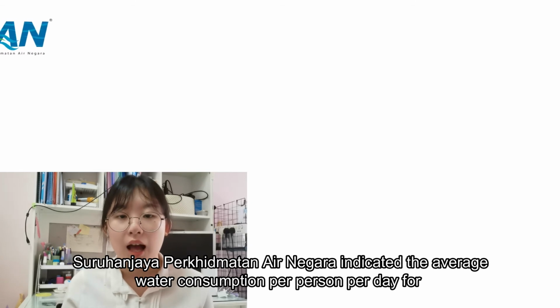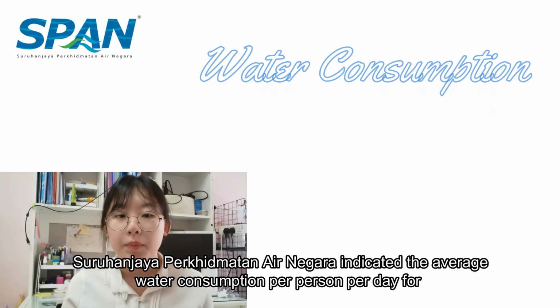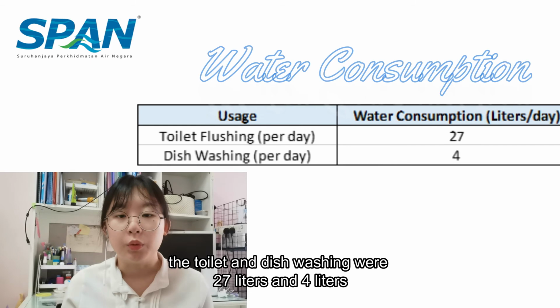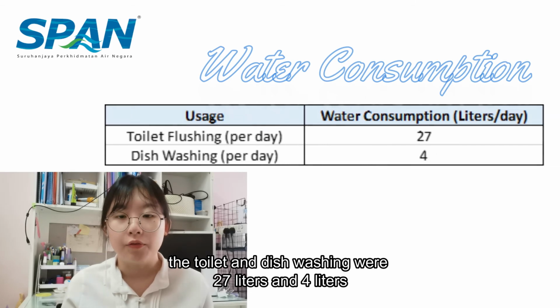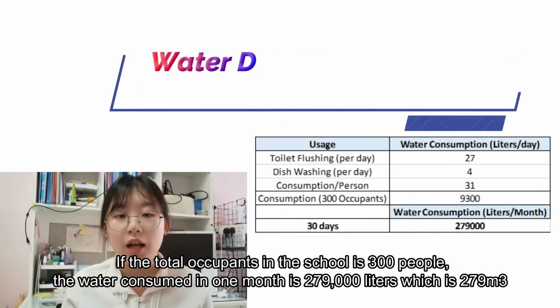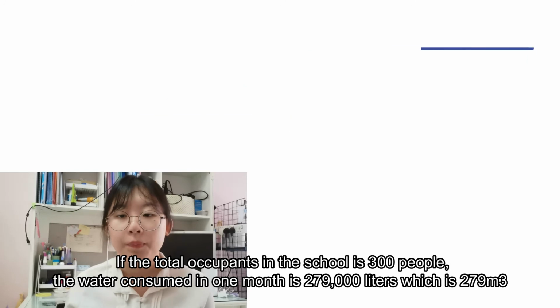Suruhanjaya Perkhidmatan Air Negara indicates the average water consumption per person per day for the toilet and dishwashing is 27 liters and 4 liters. If the total occupants in the school is 300 people, the water consumed in 1 month is 279,000 liters, which is 279 cubic meters.